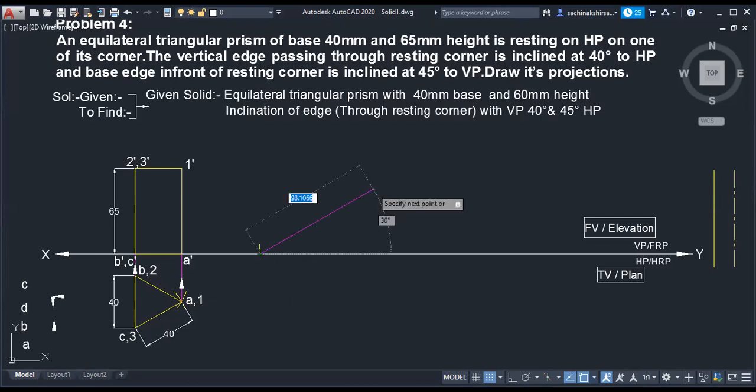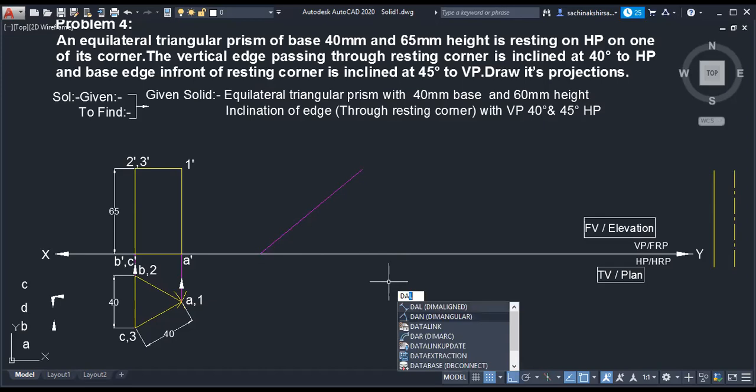In this way, one line we have to draw. Which point should come on this line? A dash 1 dash.